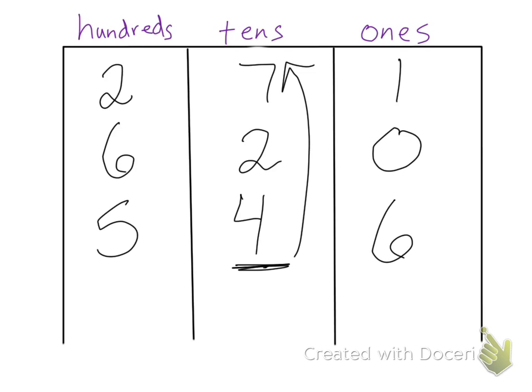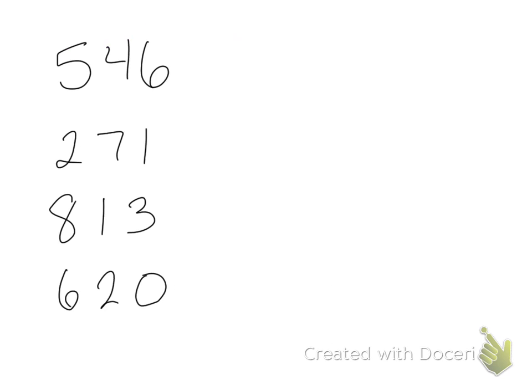In this number, the 2 is in the hundreds column, so the 2 is worth 200. And then the 6 is in the ones column, so that means there's 6 ones. Here I have the number 546. So we know that the 4 is in the tens place, the 5 is in the hundreds place, and the 6 is in the ones place.